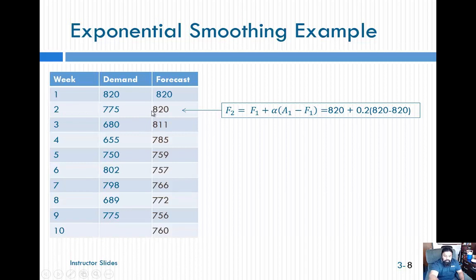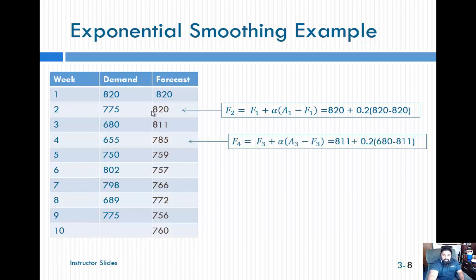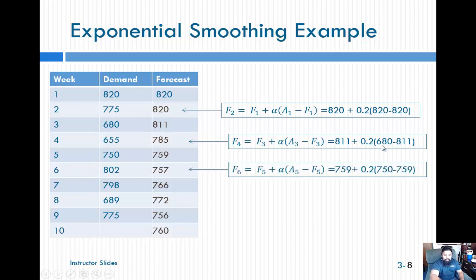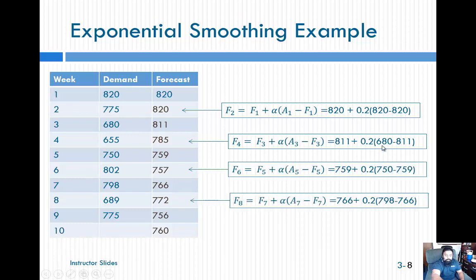In this case, F4, 785, is F3, which is 811, plus 0.2, the alpha smoothing constant, times (680 minus 811), and similarly we found the other values.